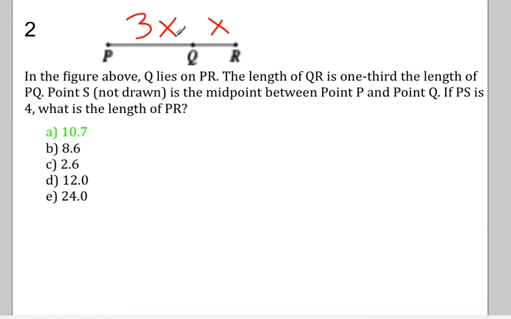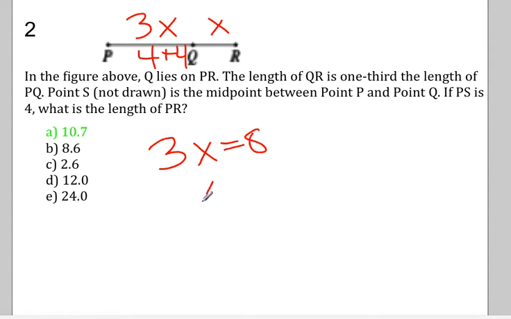So it's also telling you that the midpoint from P to Q is 4, right? So PS, the midpoint, is 4. So that just means from P to Q is going to be 4 plus 4, right? Two midpoints make the whole thing. So basically that 3x part that we labeled is going to be equal to 8.